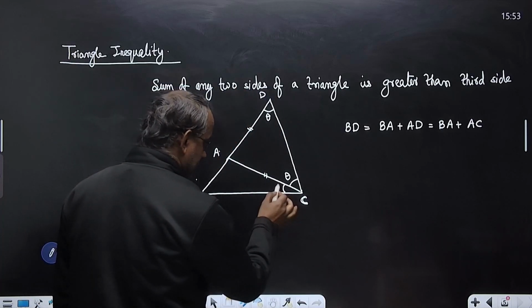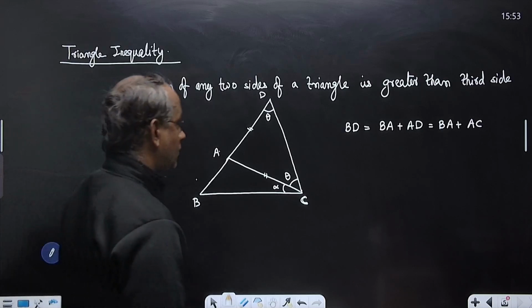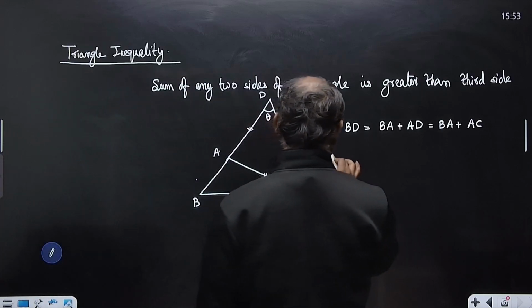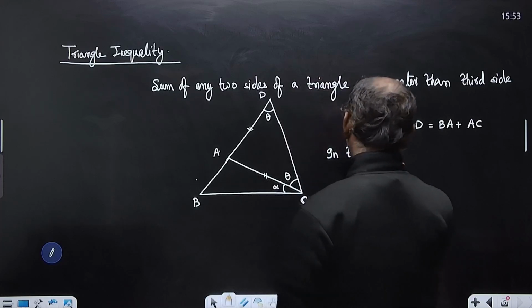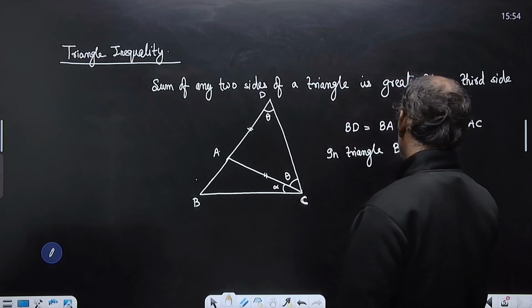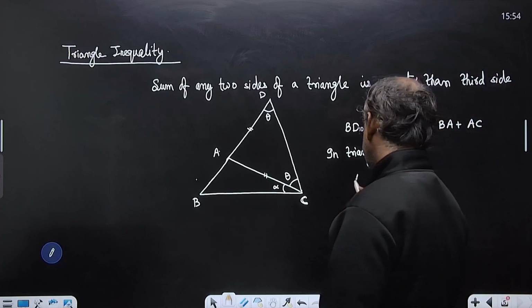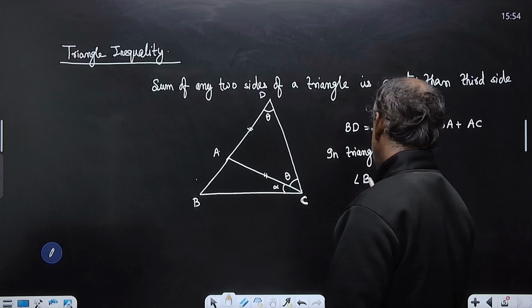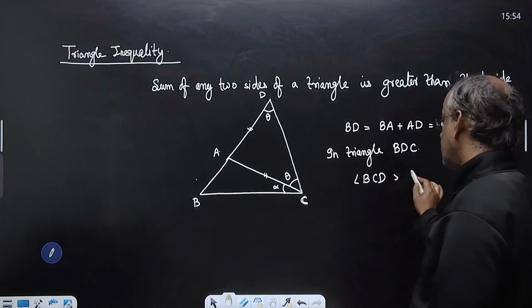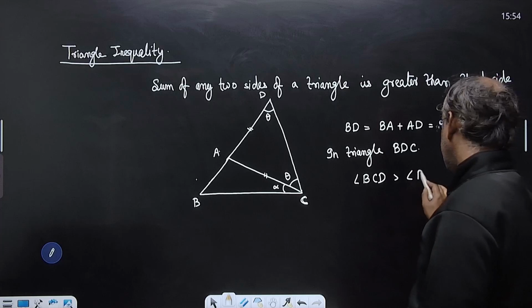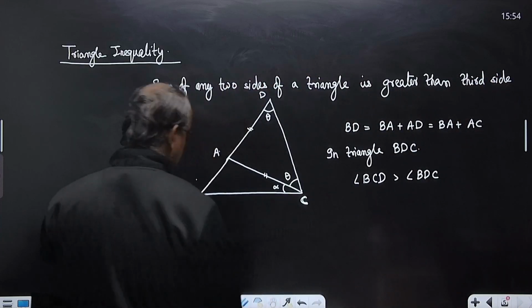This is an additional angle. So what we can say is that in triangle BDC, angle BCD, this is how we write it, BCD is greater than angle BDC. What is BCD?